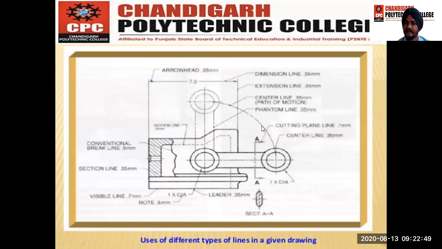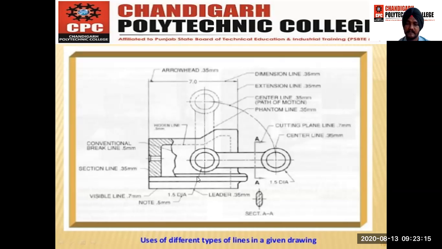Then the extension line is used to extend the edge of the corner to the dimension line. Then the center line is used to locate the center of the circle or the center of the object. Then the cutting plane line is used to cut the section of the object and show the internal portion of the object.